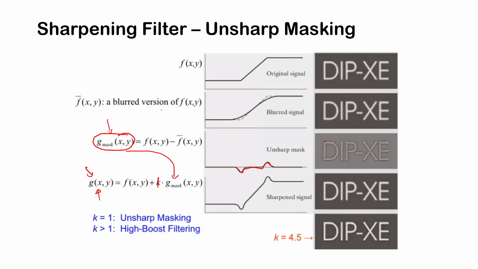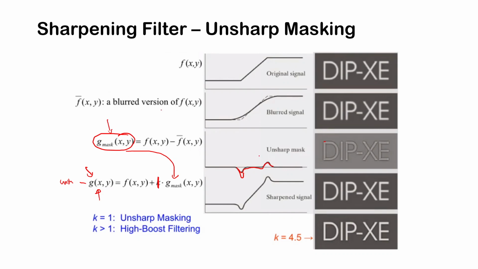So if it is 1, this is an unsharp mask. If you give more than one, you are going to increase the mask coefficient, which means you are going to sharpen the signal more, and you can see that the edge is getting sharper. This means you are going to boost the sharpened image. The signal is going to be boosted if k is more than 1. If it is only 1, then it goes back to the unsharp mask version.